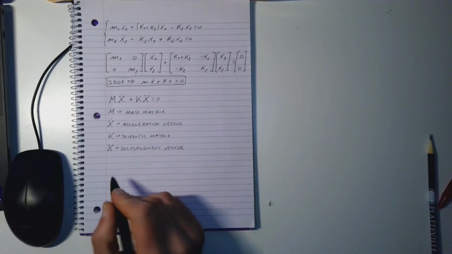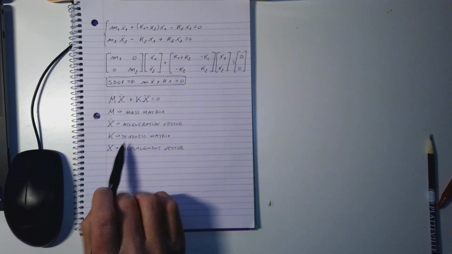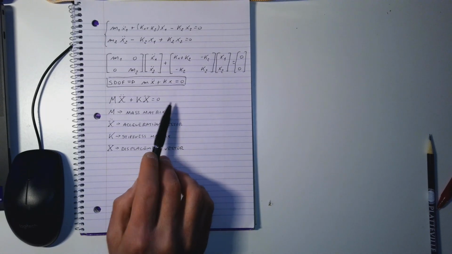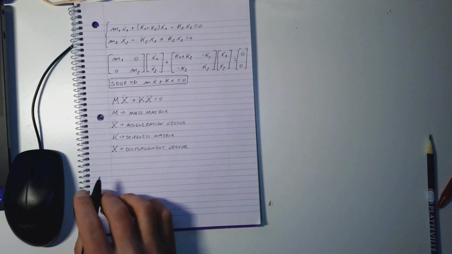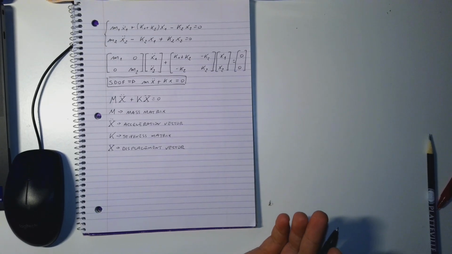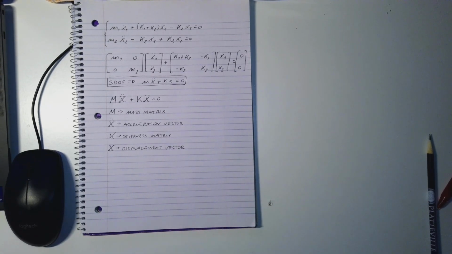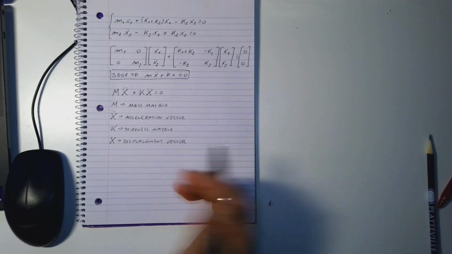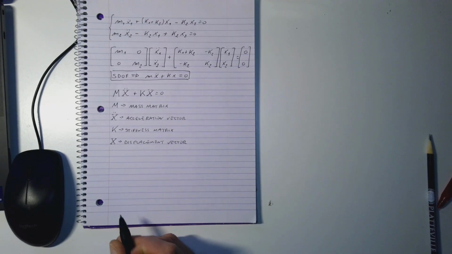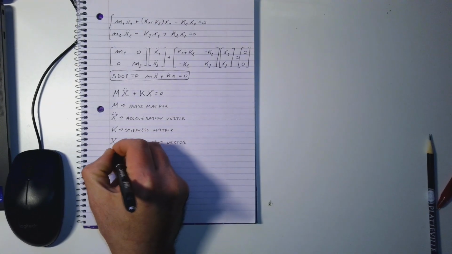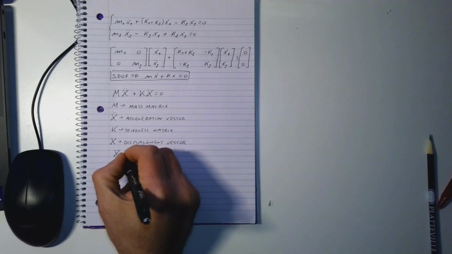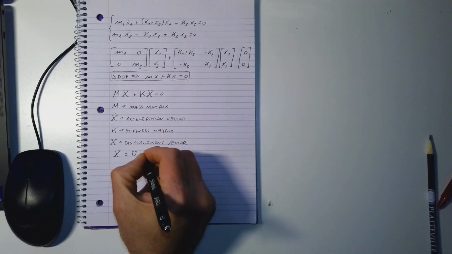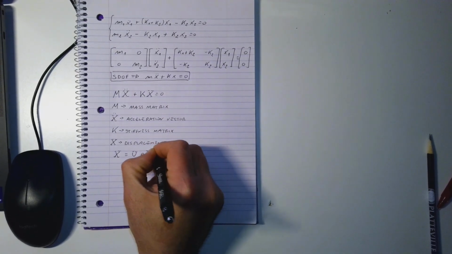So the solution of this equation will also be a vector with 2 elements, and the 2 elements of this vector, of course, are the displacement of the first mass and the displacement of the second mass, so x1 and x2. We can keep using this matrix form, so we can write the solution as a certain coefficient that we can call U times e to the power of j omega t.